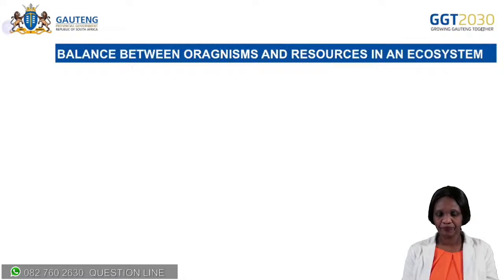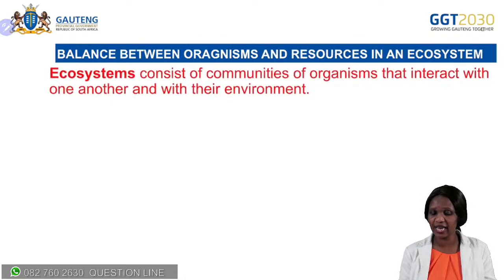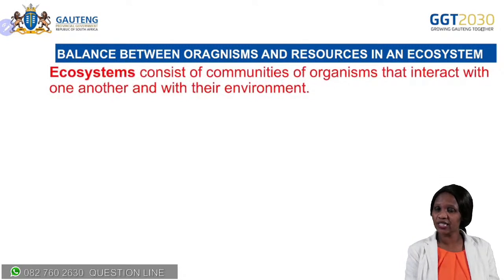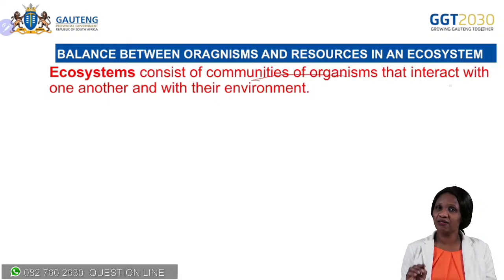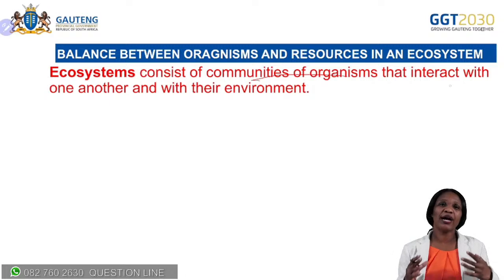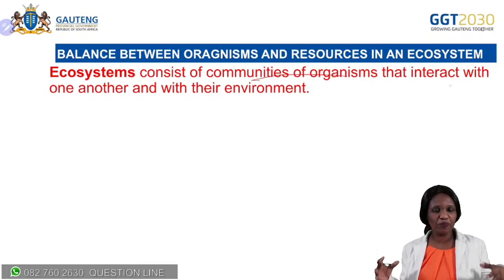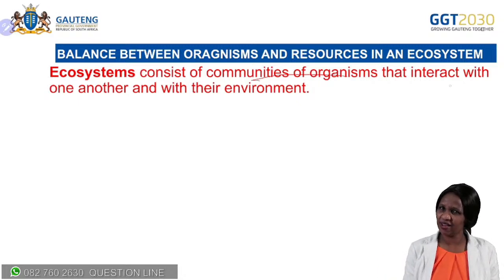Okay. And then balance between organisms and resources in an ecosystem. Let's look at an ecosystem. It consists of communities of organisms that interact with one another within their environment. When we're talking about community, we are talking about different types of animals. They will be interacting within an environment. Do you get that?